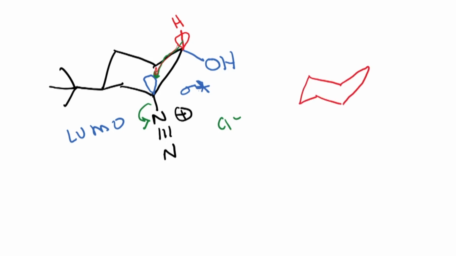Again, let's keep the same numbering. This is 1, 2, 3, 4, 5, and 6. So the 6-membered ring remains intact, correct? And now you have a new bond between this carbon and this hydrogen. And like we have proposed previously, one of the driving forces for this reaction is the formation of this ketone.